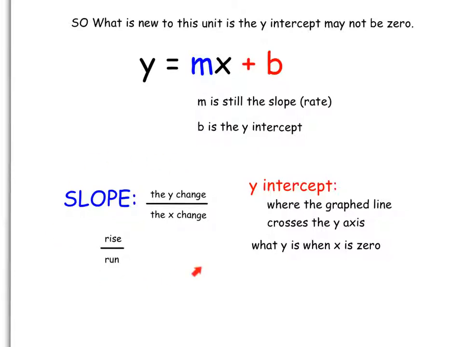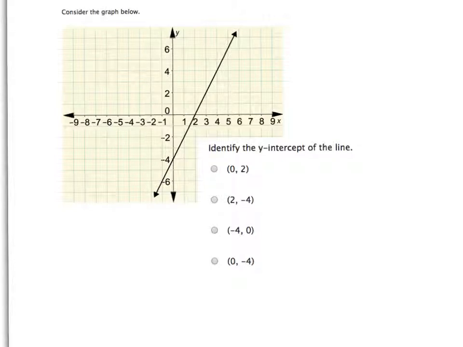So the slope is still the y change over the x change, rise over run, but now the y-intercept might not be 0. It's wherever it crosses the y-axis. It's what y is when x is 0. So in the last unit with proportions, when x was 0, y was always 0, but in this case it might not be.